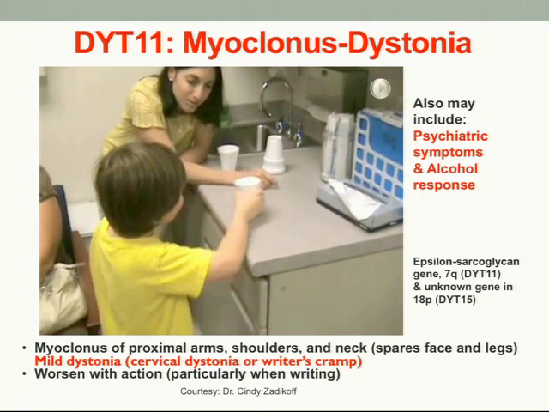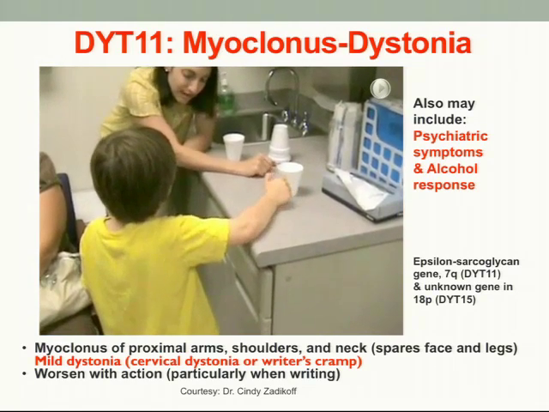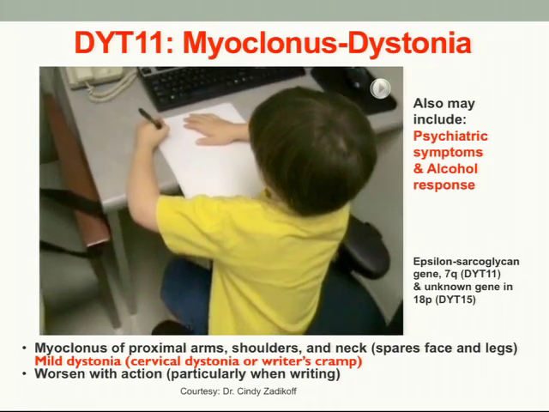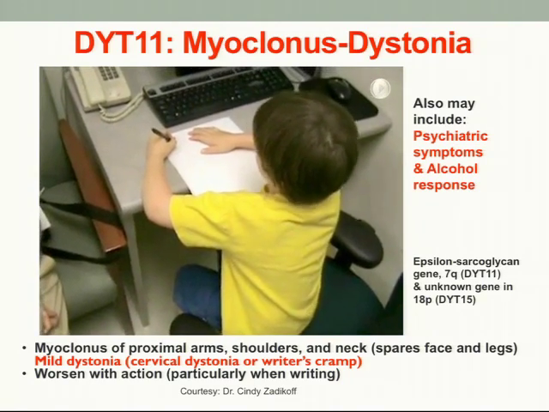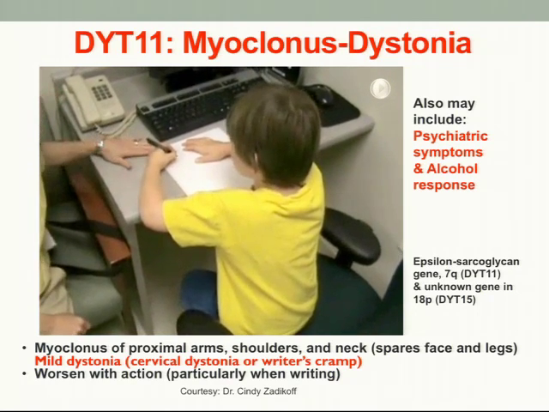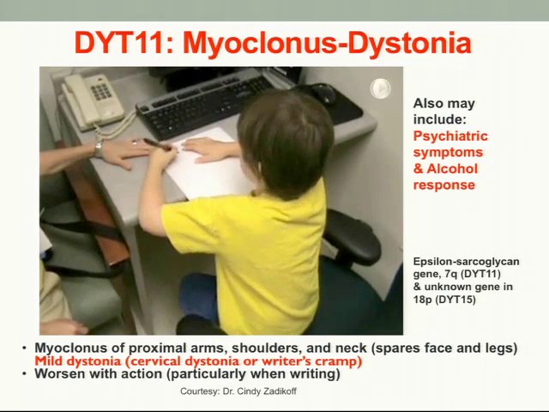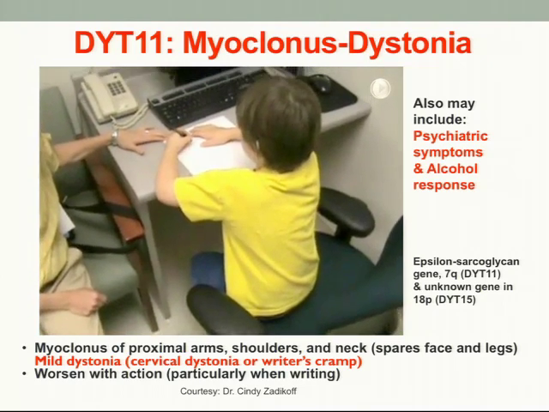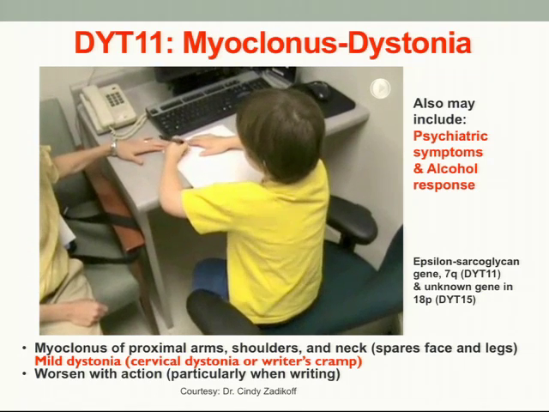So you see as this patient drinks, there's a little bit of shoulder and neck movements. Particularly writing is the task that brings that on in a much better way. So in these patients, you always have to have them write. And I'm always looking at the neck and at the head and at the shoulders, because that's the region where the movements, particularly the myoclonus, begins.